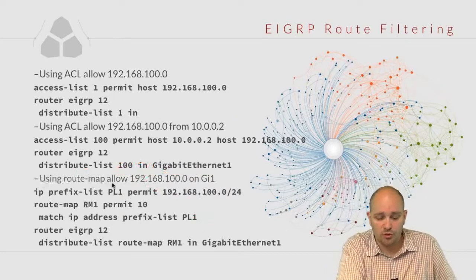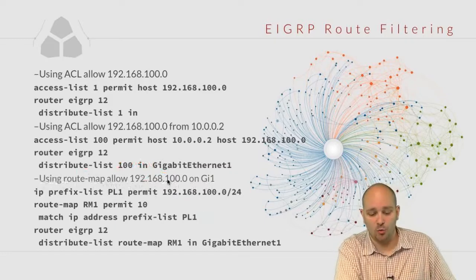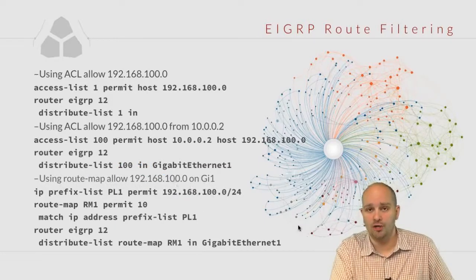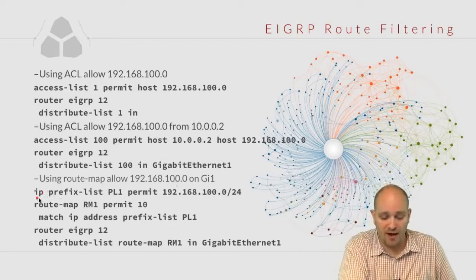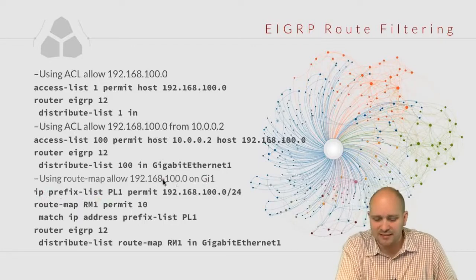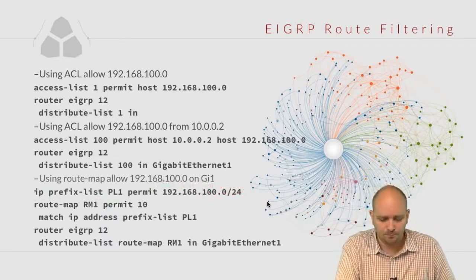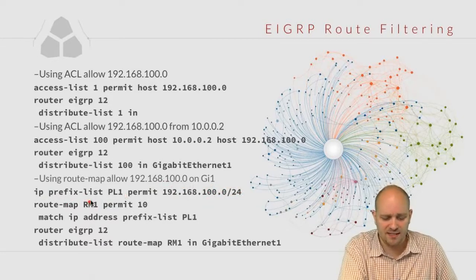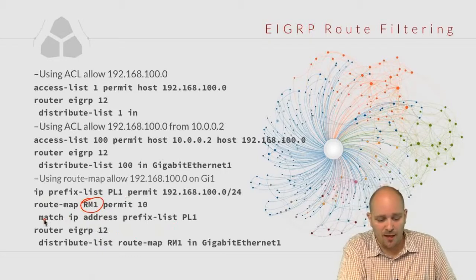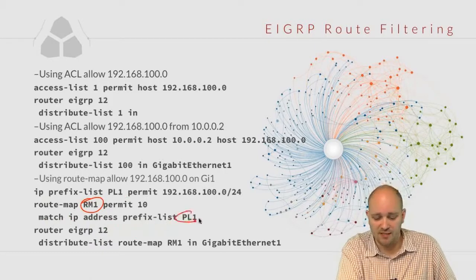Now, what if we wanted to use the route map to allow 192.168.100 on gigabit 1? We are going to define prefix list or access list, but prefix lists are more flexible for this purpose because we can actually match the mask with them. So we're going to define the prefix list, we're going to define the route map, we're going to say match IP address prefix list, PL1.